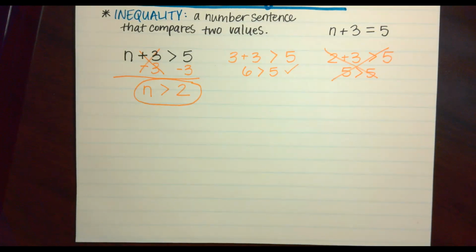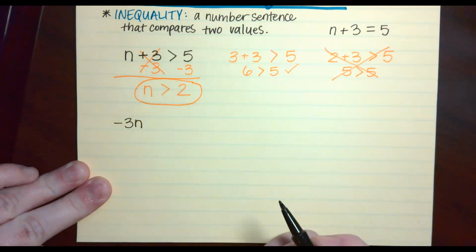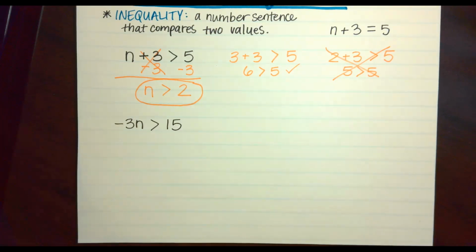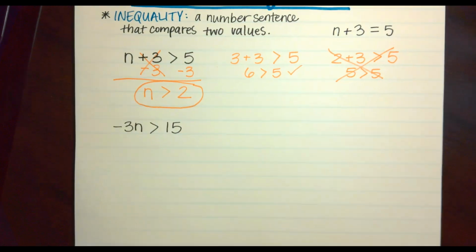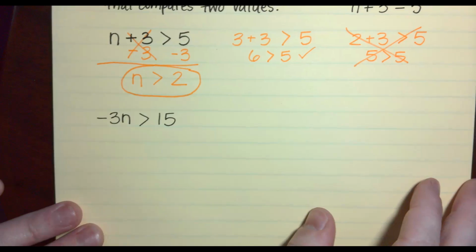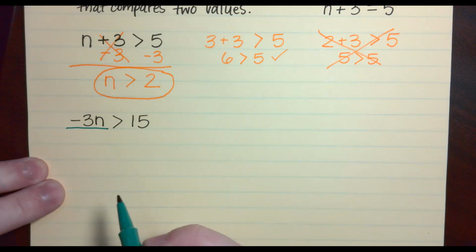Let's do negative 3n is greater than 15. What would I do first here? I would divide. Negative 3n means negative 3 times n, so we use our inverse operations. I'm going to divide by what?